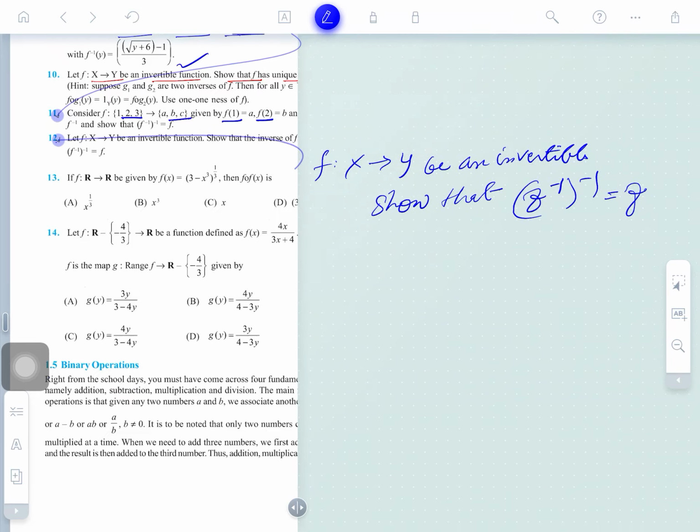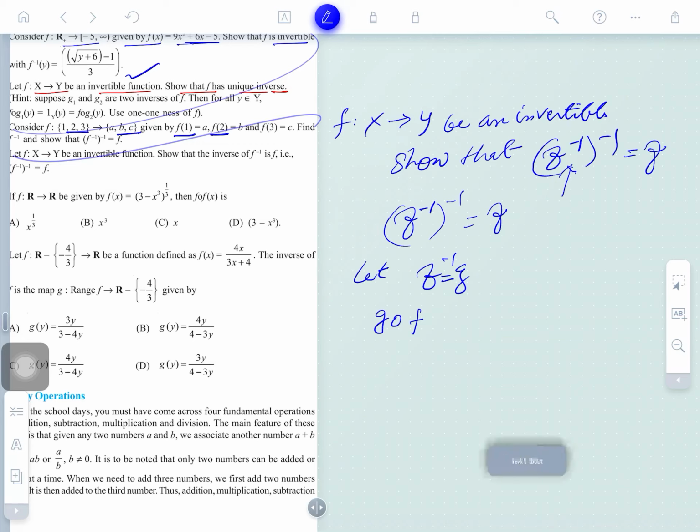So what is to be found out here? We will also suppose y is equal to f of x. There is a function, and g of y is equal to f of x.